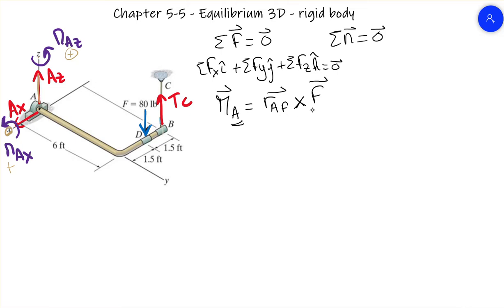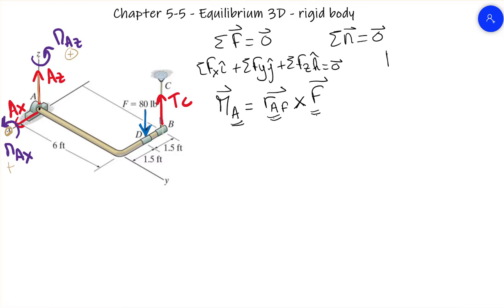After that, you need to find all the points where there is a force applied on it. You need to find all the vector positions, all the forces, and you need to do the cross product of the vector position times the force to find the moment. And we will add all the moments together.